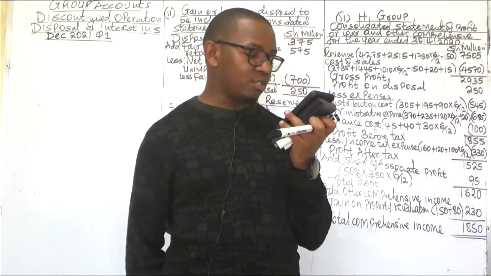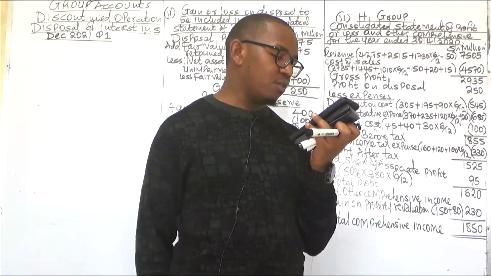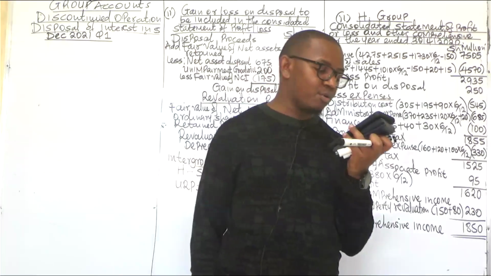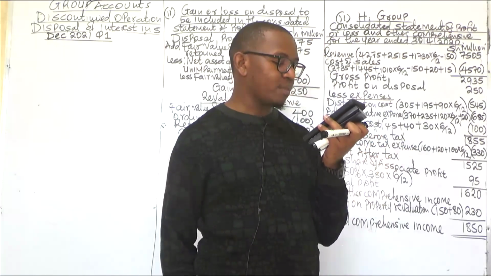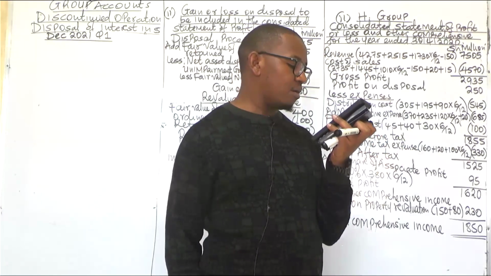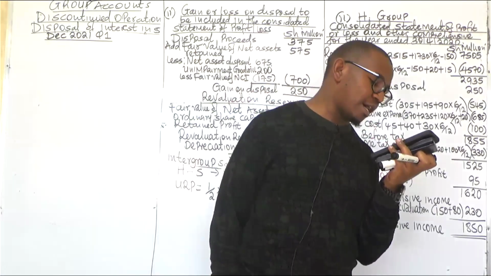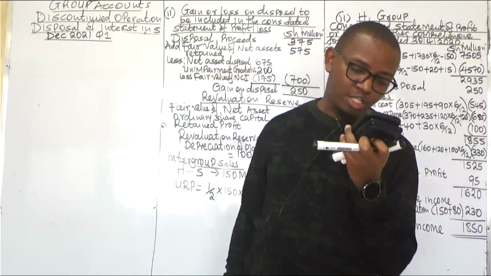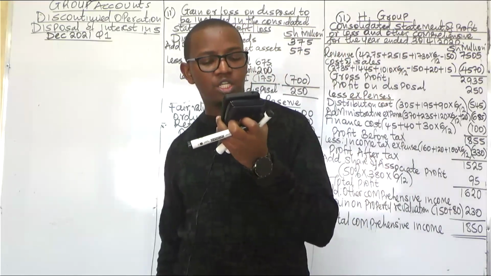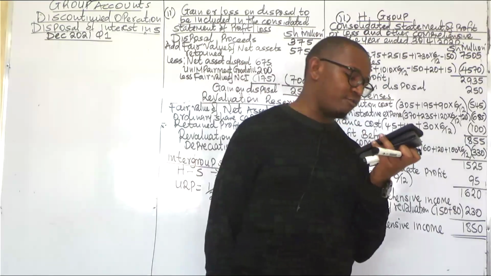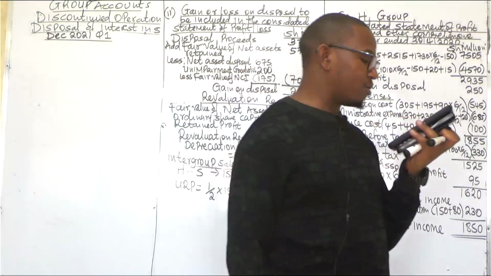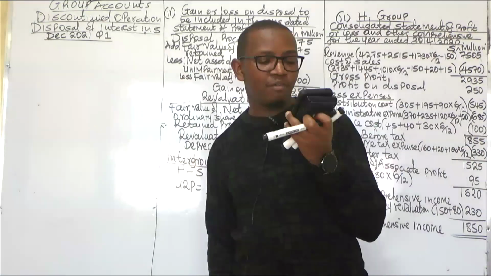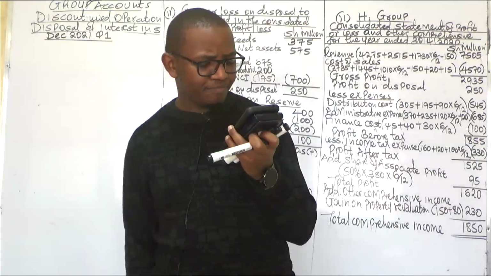At acquisition of Bamba, the only adjustment required to the identifiable net assets of Bamba Limited was for land, which had a carrying value of 625 less than its fair value. Group policy is to measure non-controlling interest at fair value. At the date of acquisition, Bamba Limited non-controlling interest had a fair value of 21.25.